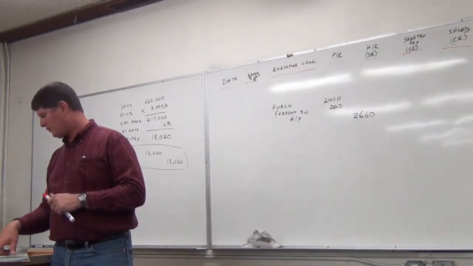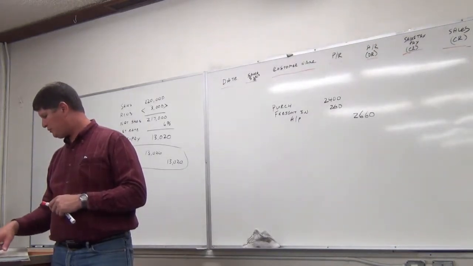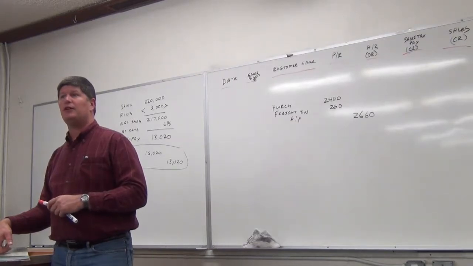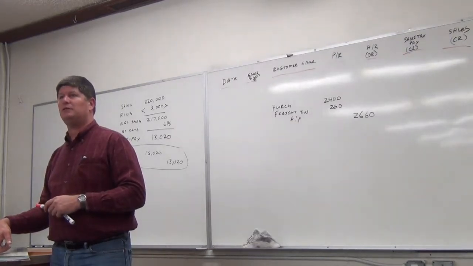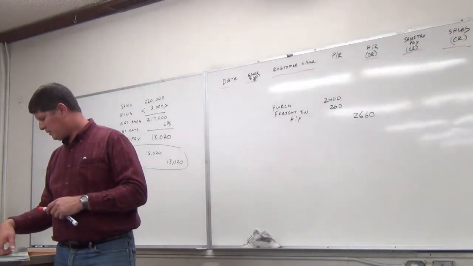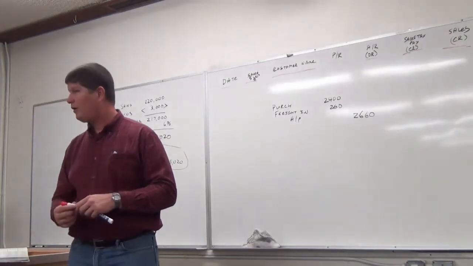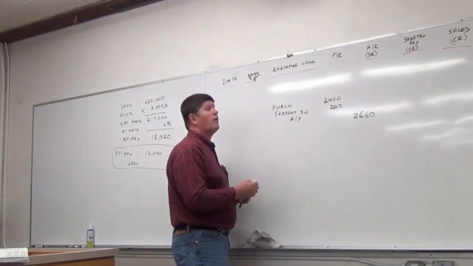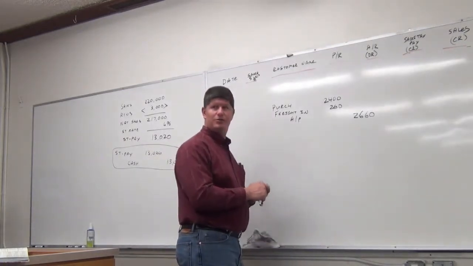Received an allowance for merchandise that was damaged but can be sold at a reduced price. Okay? So we bought something, but it's not perfect, but we're going to still sell it. They're going to give us a discount. Okay? So they're going to give us a discount of $400. Where does that go? My debit is to accounts payable.